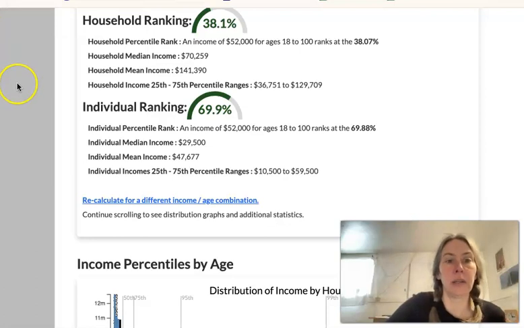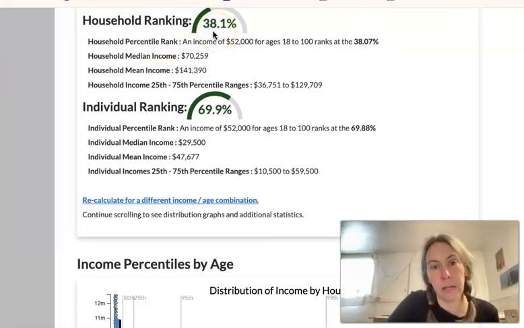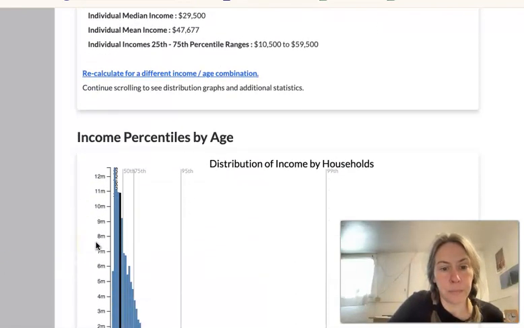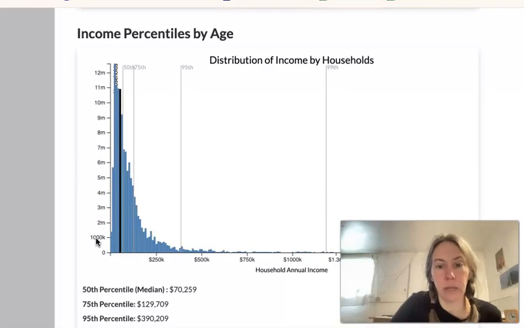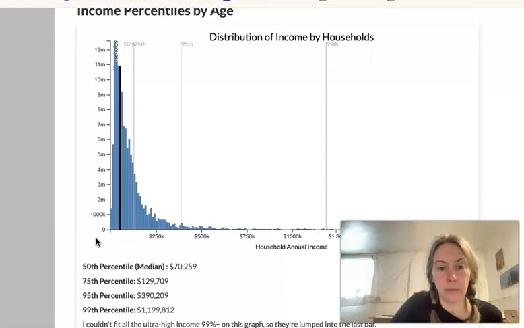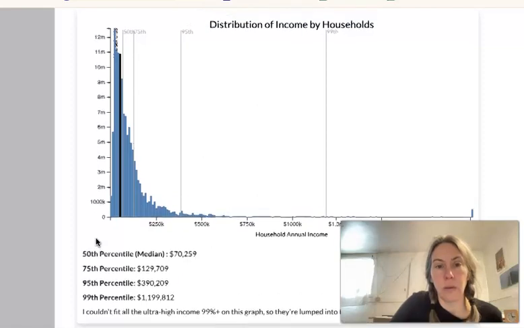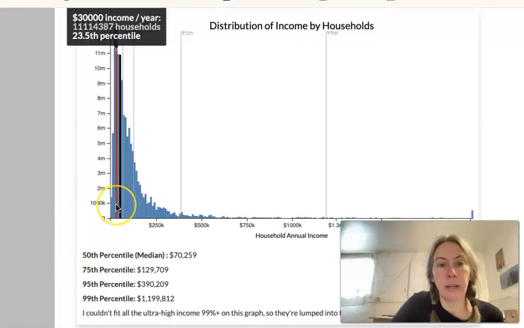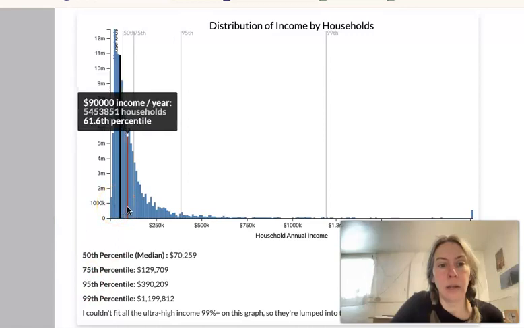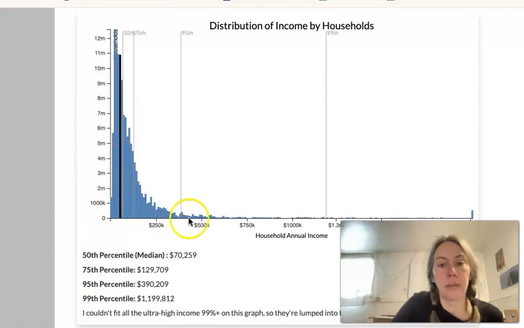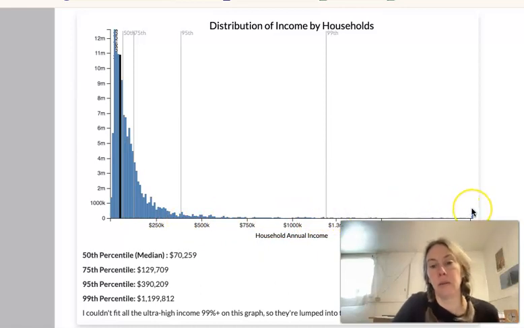If it was a household, then that household only is richer than 38% of households. And there's even a graph down here. So you can see that there's a lot of people down here in the lower income brackets, and then there's just a very thin scattering of extremely wealthy people stretching out here.